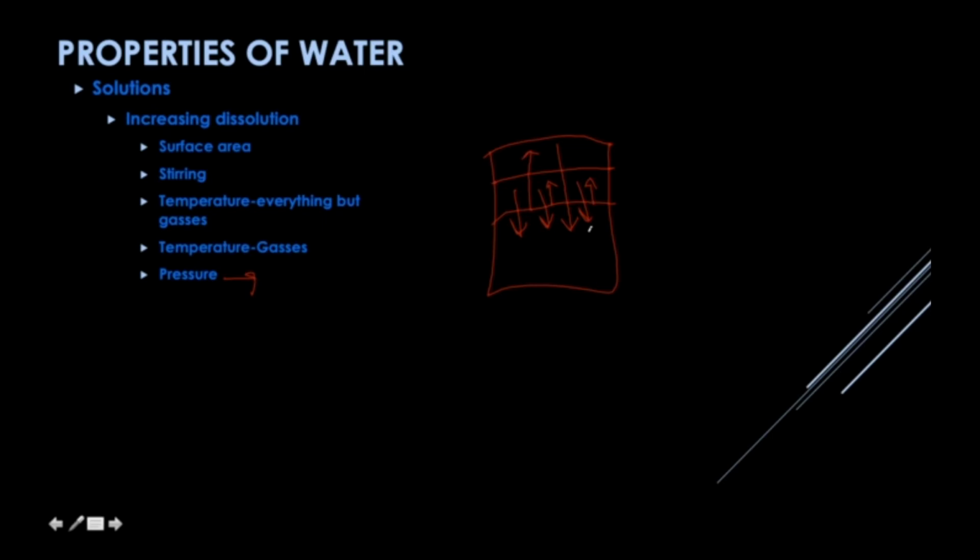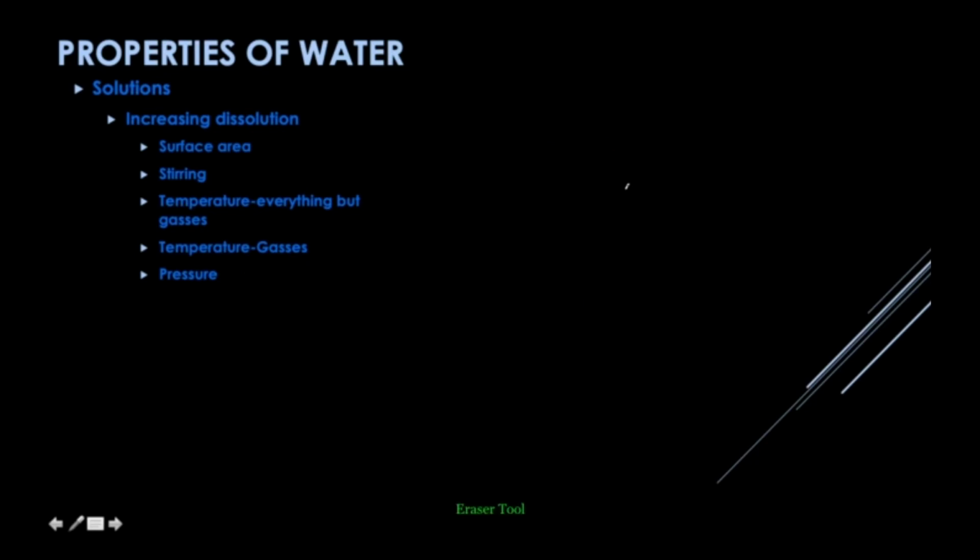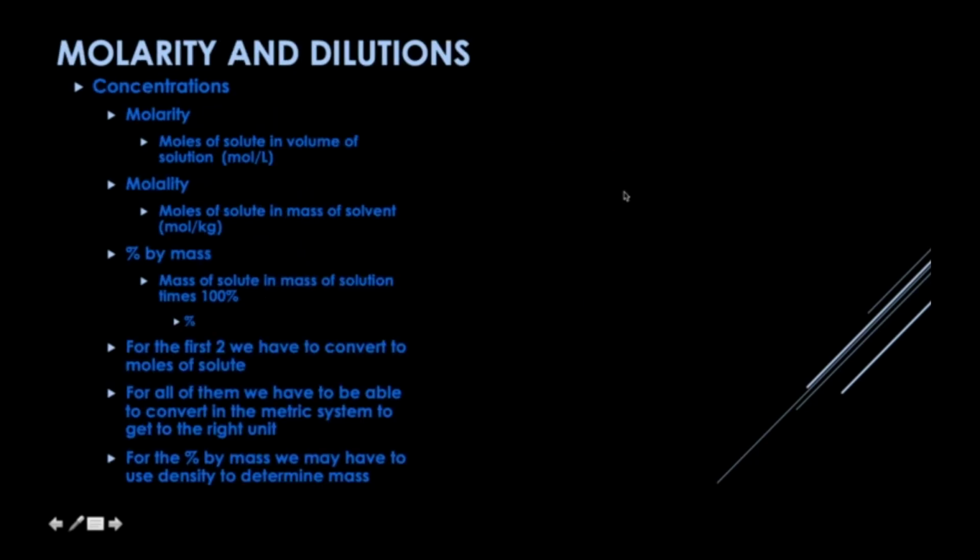So these are just some things that will increase the rate or change how much can actually be dissolved in what you're dissolving. So once you have things dissolved in other things, there are special ways that we actually talk about this, and those are called concentrations.